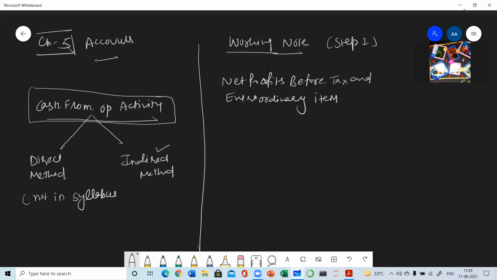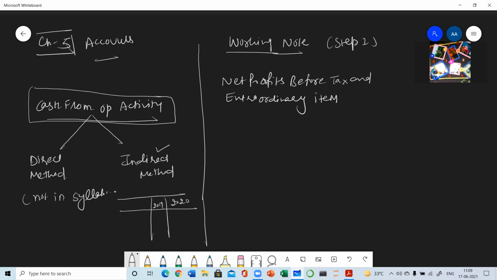How will it be calculated? First of all, you will be given a comparative balance sheet. Comparative balance sheet will be given like this. Figures for 2019 are given, then figures for 2020, and balance sheet means the company's balance sheet here.